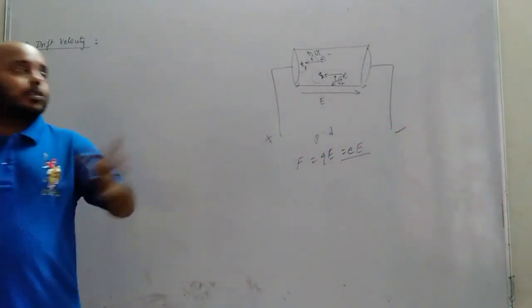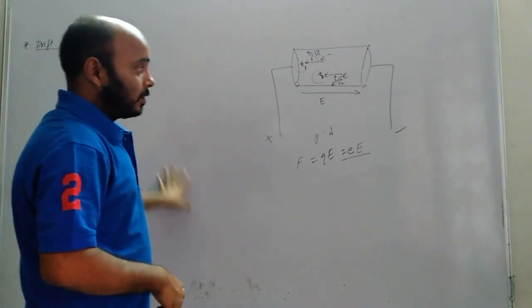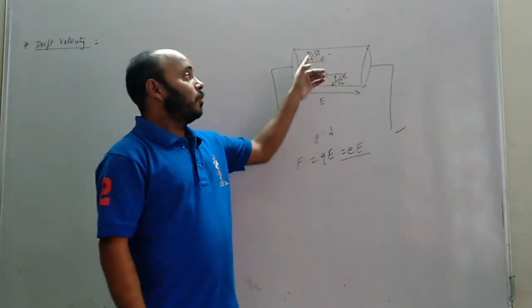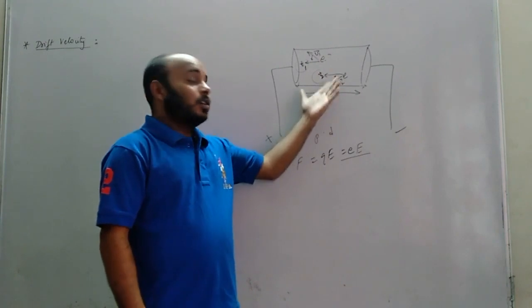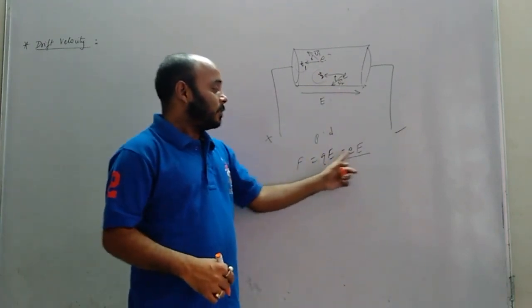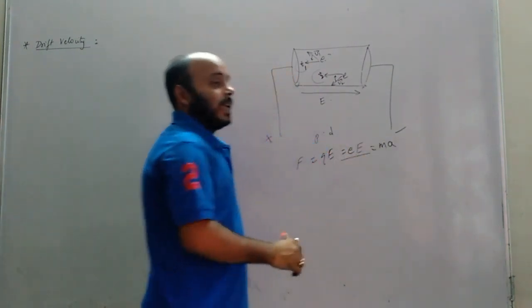I will go this way while doing the derivation here also. We'll first take the electrons moving with some thermal velocities, u1, u2, u3. Then we apply some electric field. On the application of the electric field, what will happen? They will experience some force. This force will convert into acceleration, ma.